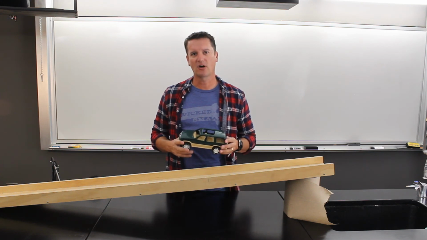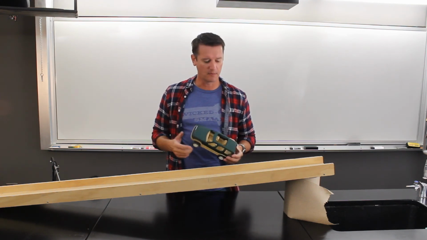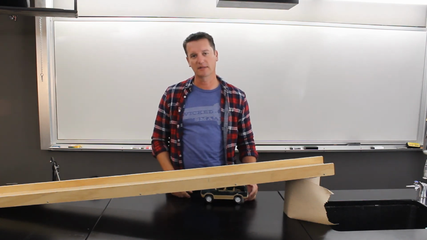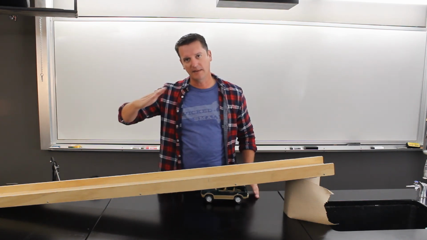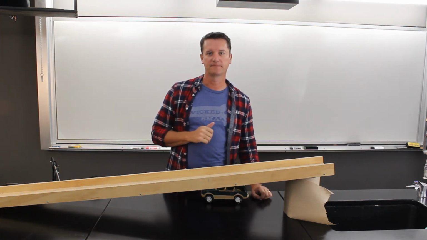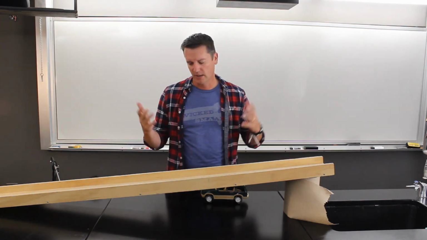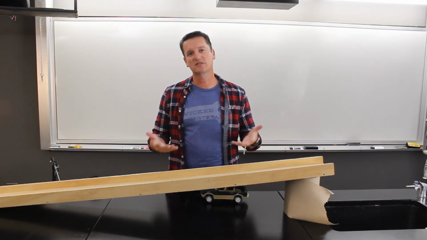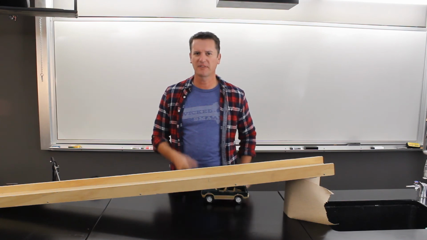What about the mass of the car? If you notice in our problem, we had mg as the force of gravity pulling the thing down. And then when we tilted it, mg was actually pulling the car along the incline plane. We used some trig to solve for the force of gravity in the x direction, and then we used that to solve F equals ma. Well, think about that a second.